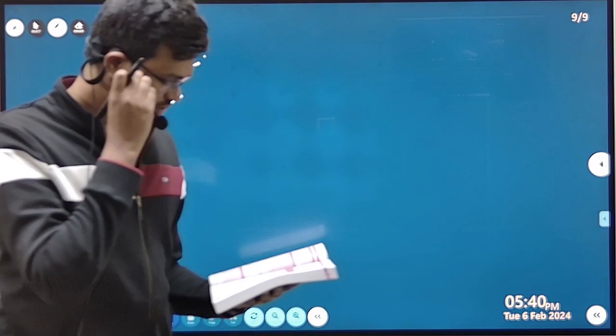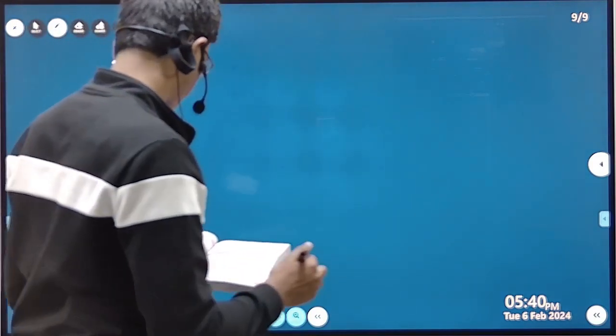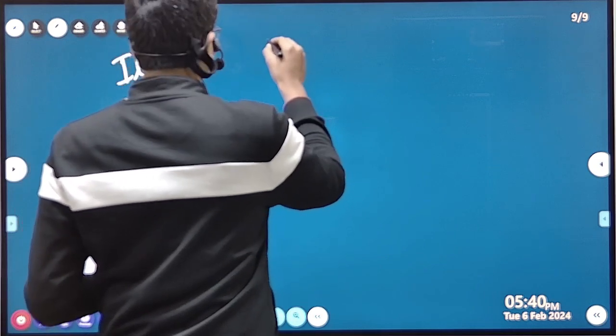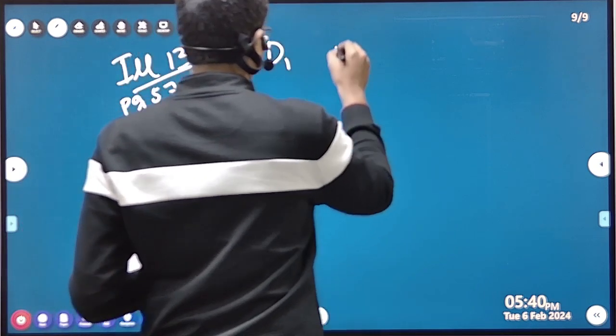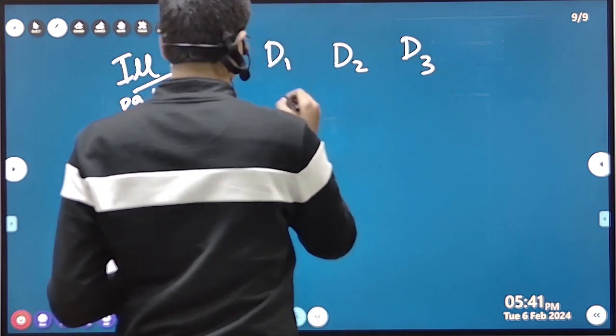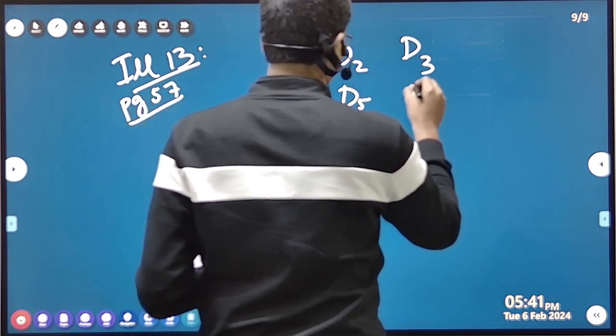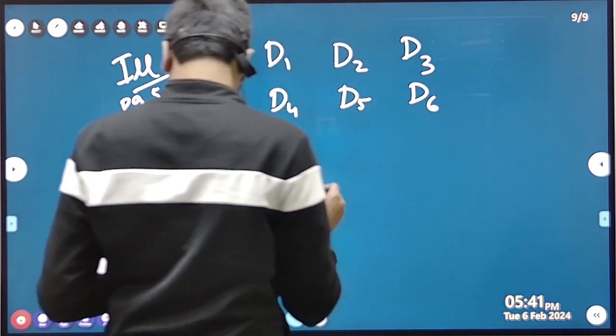Okay, so this is also similar to the previous problem where you have 6 departments D1, D2, D3, D4, D5 and D6.